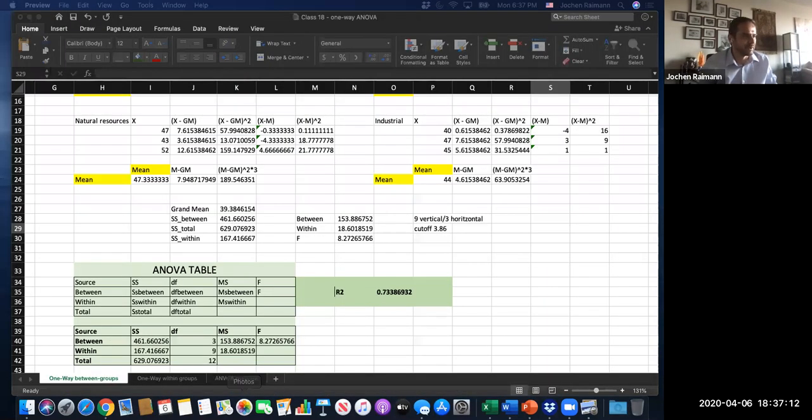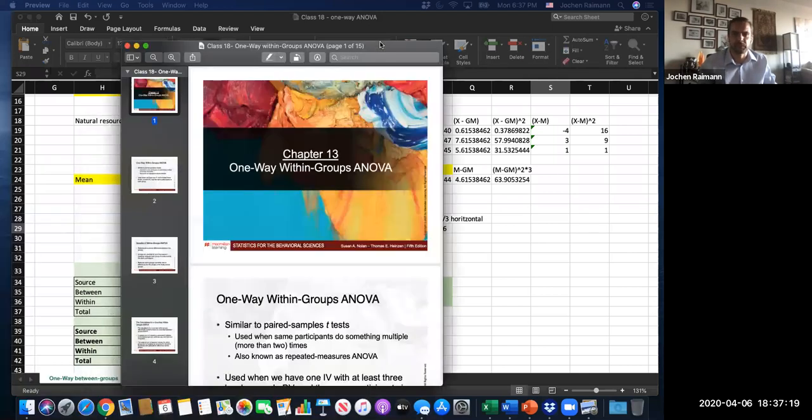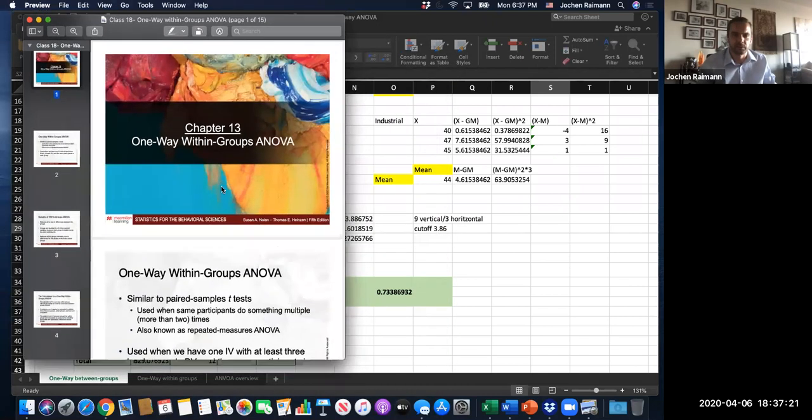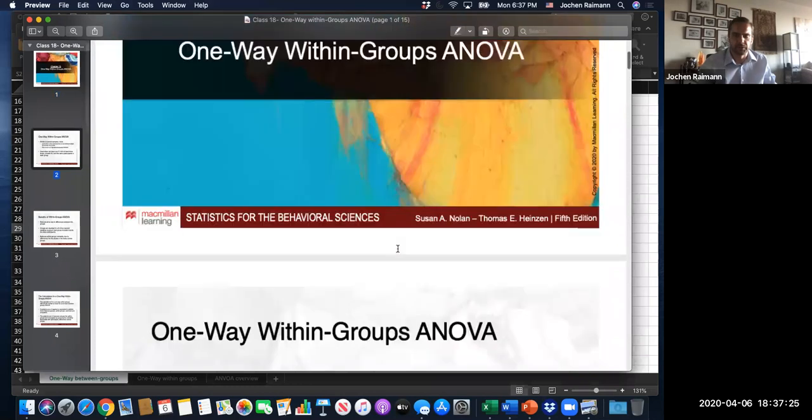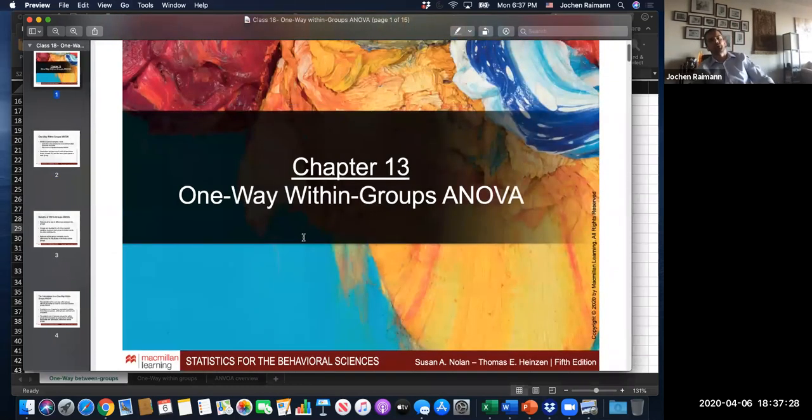Okay. Because now I want to move on to the one-way within-groups comparison quickly. I just meant to quickly review this to make sure that we're all on one page here. So the one-way within groups, I mentioned it already in the beginning. The within groups is essentially nothing else than comparing before, within, and after situations.